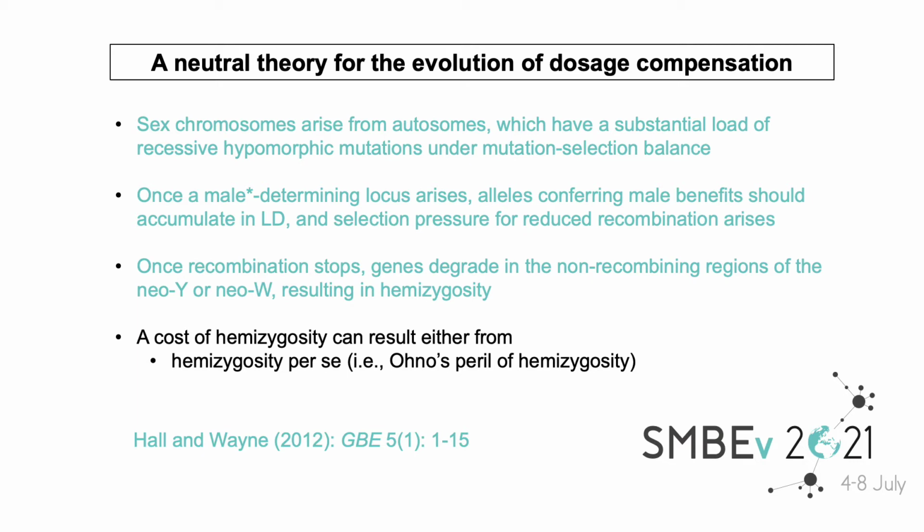However, a cost of hemizygosity can also arise from unmasking segregating hypomorphic alleles. These alleles are not common, but they are segregating at some frequency on autosomes. And when they appear opposite a null or in the state of hemizygosity, then they are subject to selection.